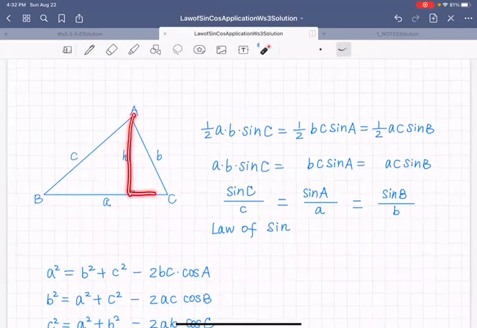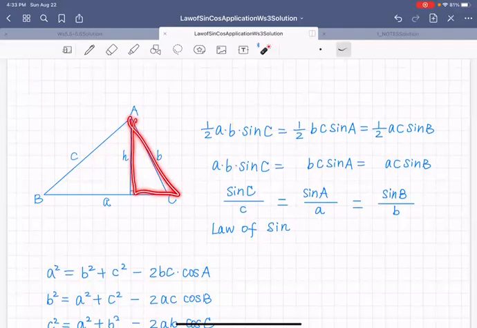In this right triangle, H should be B times who? Christina, let's do this one. In this right triangle, H should equal what?